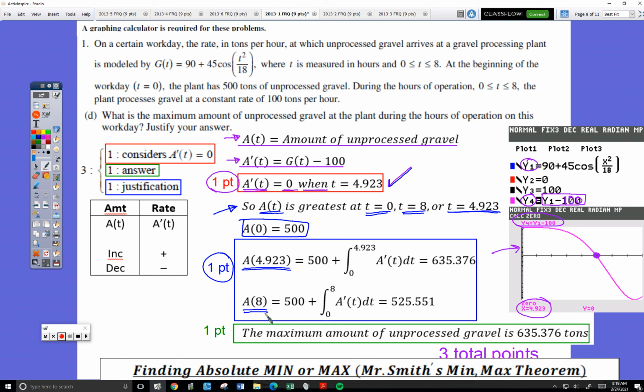I say integrating the rate at which the amount of gravel is changing will tell me how different is the amount of gravel at time 0 compared to time 4.9. So this integral turned out to be 135 roughly, meaning that from this time to this time, the amount of gravel went up. Could have gone up and down, but the net change was 135. But we started with 500, therefore at this time, we now have this much gravel.